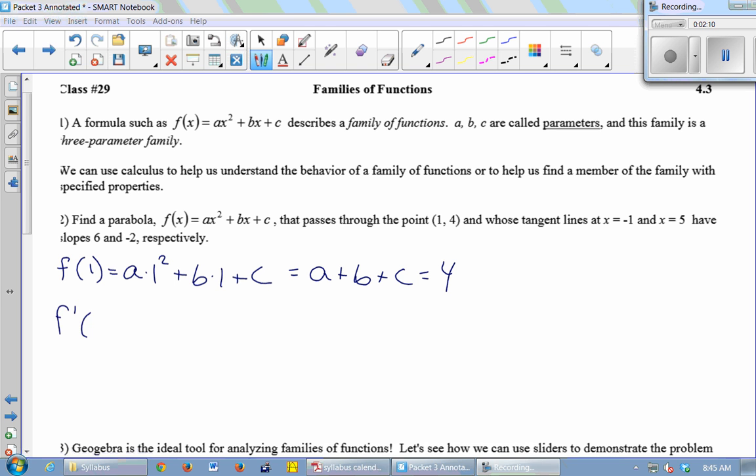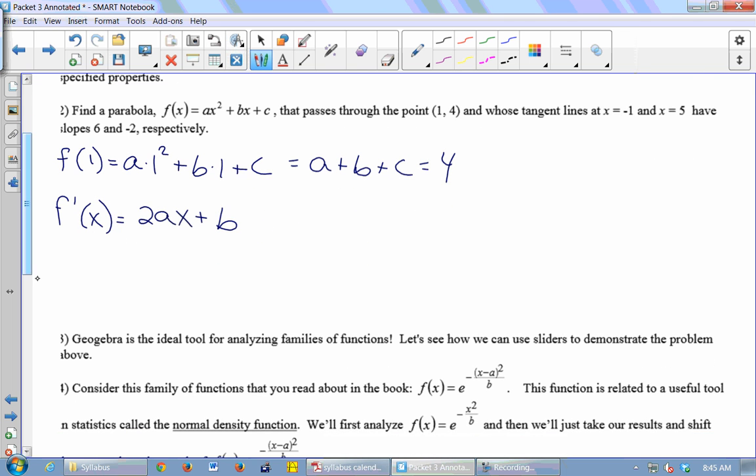So f prime of x, this is just a polynomial, so I can just do the power rule. f prime of x will be 2ax plus b. And I know that f prime of -1, because that tells me the slope of the tangent line at -1, I plug -1 in for x, I get -2a plus b. That should be 6.